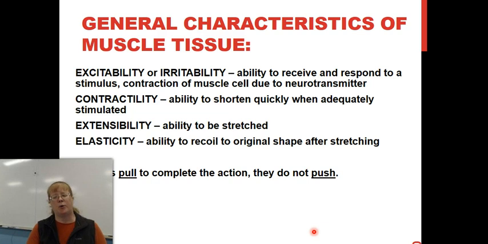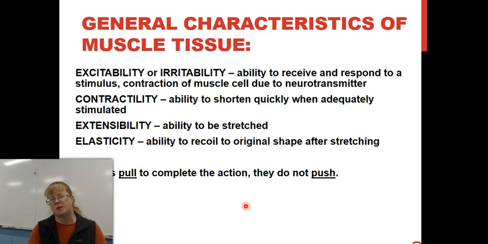And then elasticity, the ability for that cell to recoil back into its original shape and position. One really good rule to follow when you're studying skeletal muscle cell contraction, and today we're going to be talking most about skeletal muscle cell contraction when we cover the sliding filament model, is that skeletal muscles always pull, they don't push to do their job. In other words, the cells themselves, the bundles, are contracting, shortening in order to do their job.